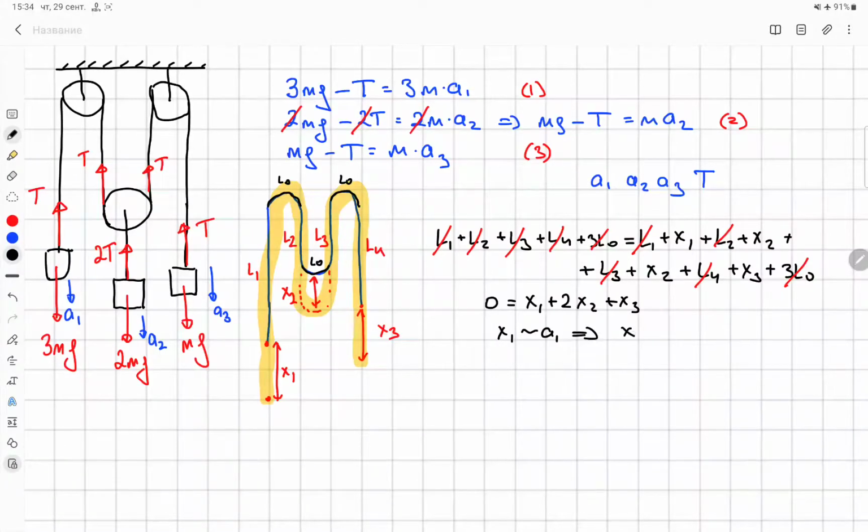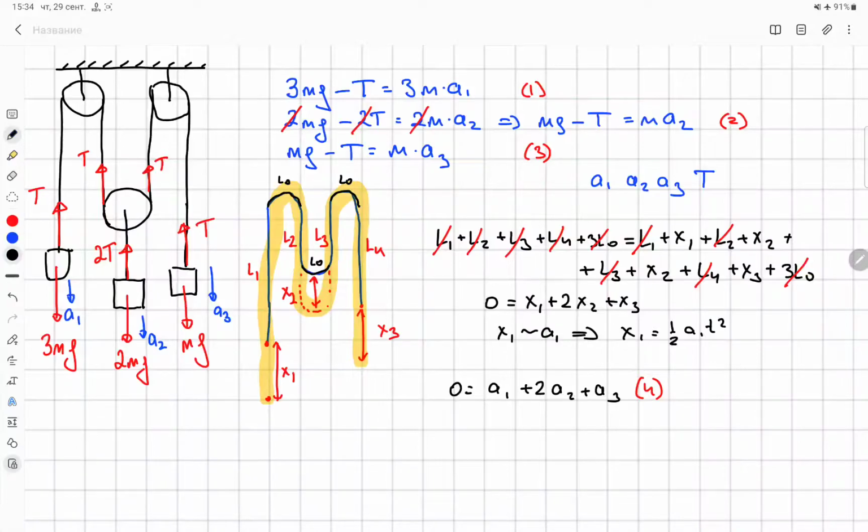To be exact, x1 equals 1 over 2 a1 t squared. So due to this logic, we have 0 equal to a1 plus 2a2 plus a3, and this will be our equation number 4. So now we need to just substitute all these 4 equations. Further is totally pure math. At this point, we finished the physics part of this problem.